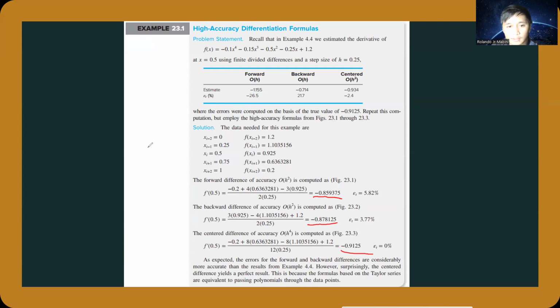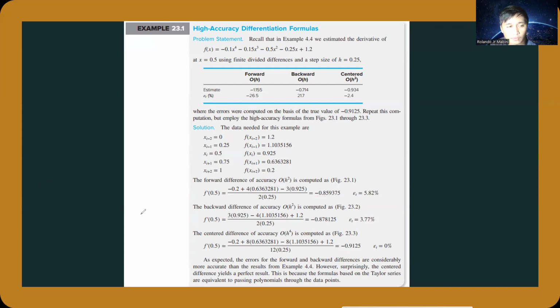This whole equation is a derived equation for forward difference, backward difference, and center difference, and it was based on the Taylor series. Anyway, this is not my topic.